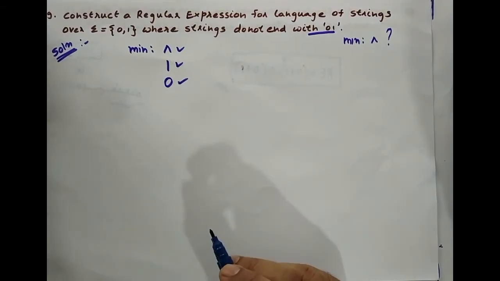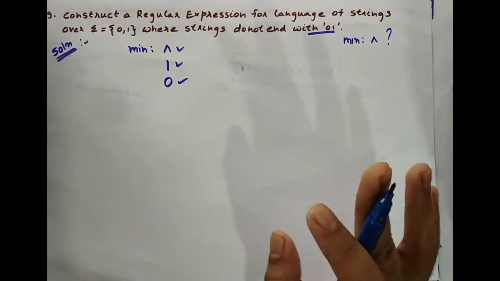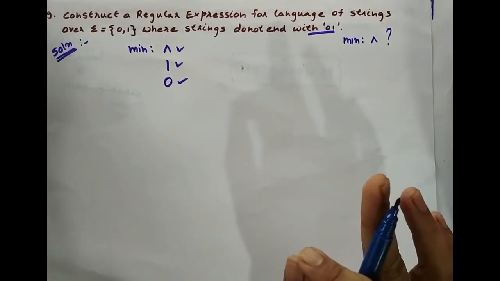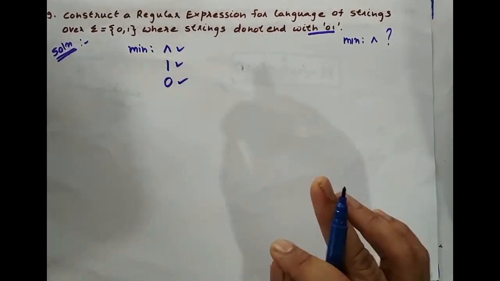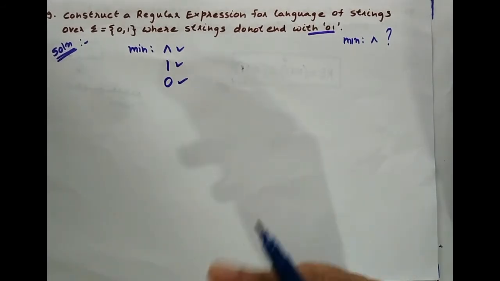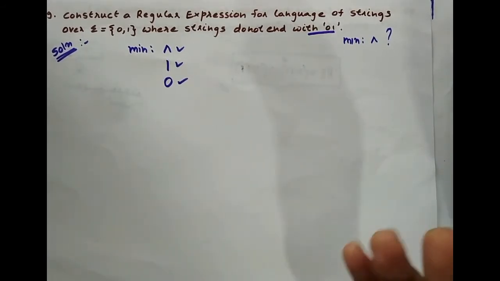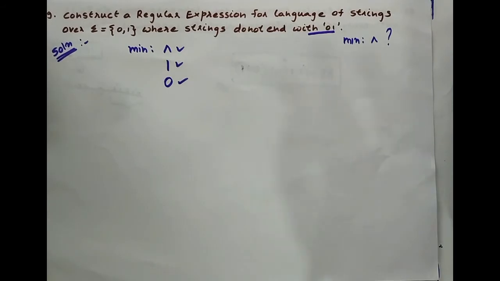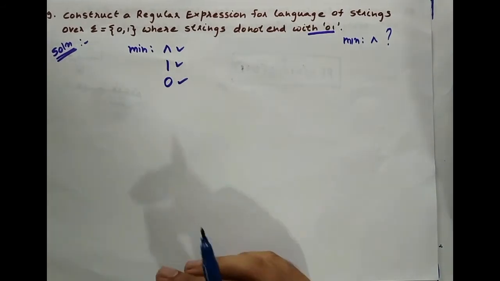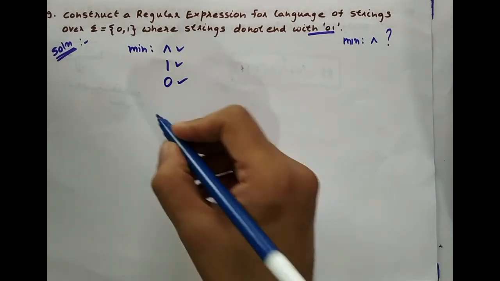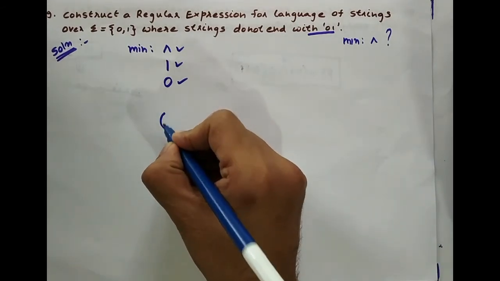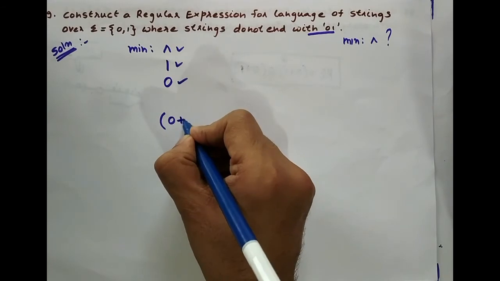Now this is about the single length strings. If it is not a single length string, say the string is of length 2, 3, 4, 5 and n till infinity, then how should the regular expression be? One thing is very obvious: the first half of the string can be any combination of zeros and ones.